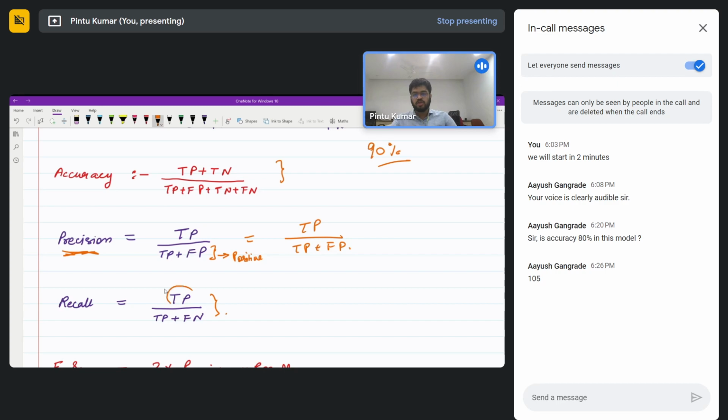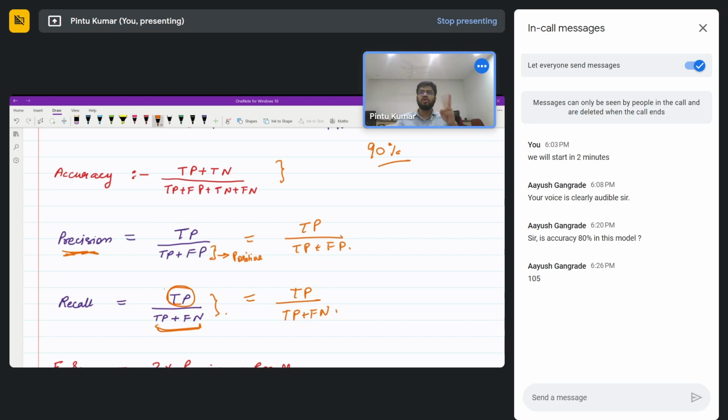That is true positive divided by total number of actual positive class. So the formula is true positive divided by true positive plus false negative. These are simple formulas and you can use them to calculate precision and recall.